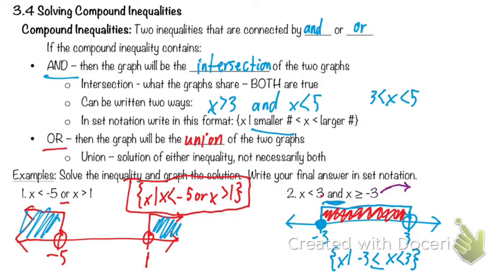We end up flipping it and saying -3 is less than or equal to x. And so we write this inequality first down here. And then we go through and we write this inequality afterwards. And we just use one x rather than writing x twice. This is what it kind of ends up being. And then that would be our answer.